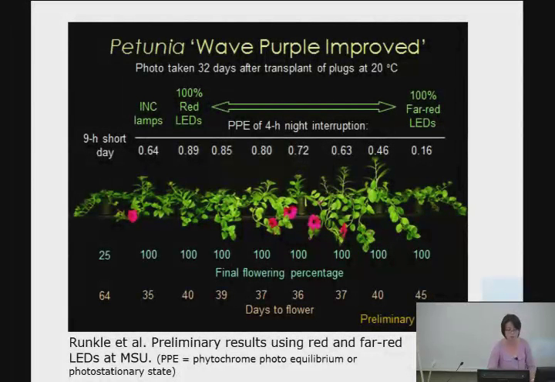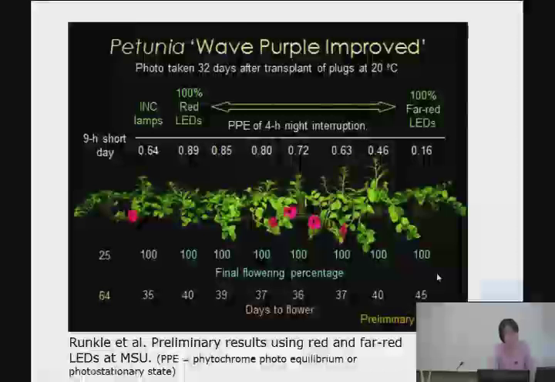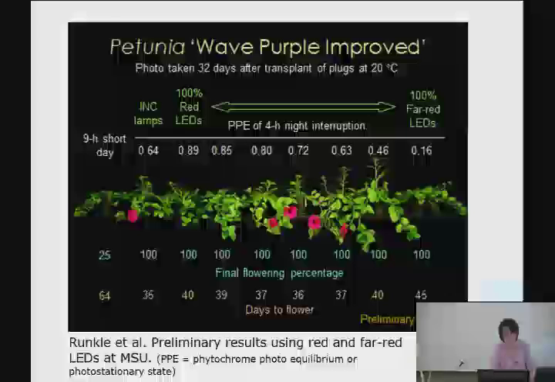All right. So this is the flowering percentage, and this is the days to flower. It looks like everything eventually flowered under these long day conditions created by different red and far red ratio lighting.